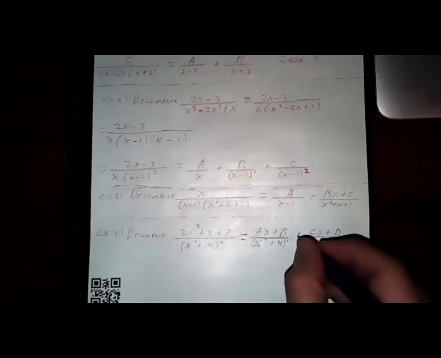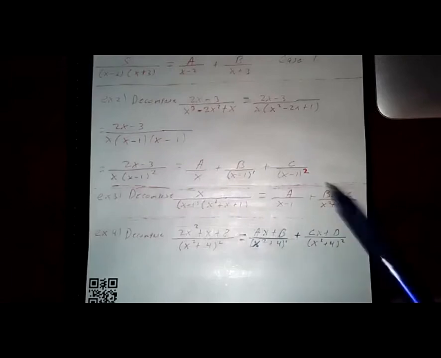Okay. So it goes from 1 and then 2. Does that make sense? Just like we did up here.